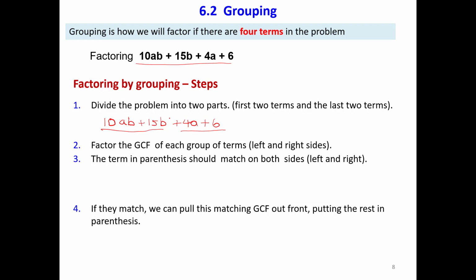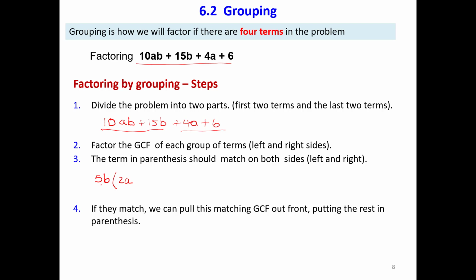For 10 and 15 it is 5. We write this in front, 5. We had ab, the common variable is b, so this goes in front, and then we write what is left. To get 10, we need 2, since 10 divided by 5 is 2. Now what is left? B cancels out, so we have a.